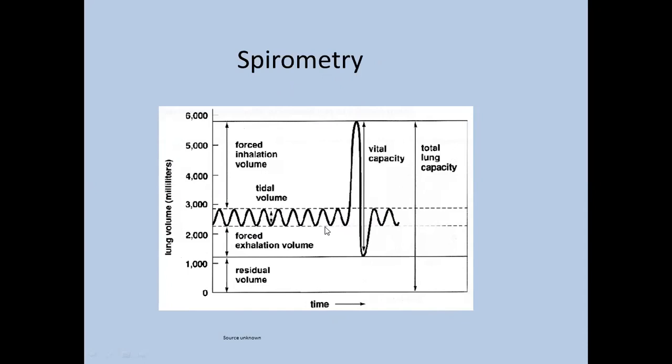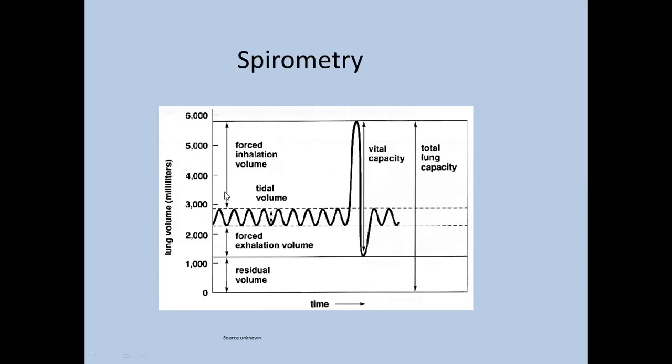Then this individual forced an inhalation. So this is that forced inhalation volume that occurred with forceful breathing, and forced exhalation volume. Now, if I asked you to read that off, it would be the difference between normal tidal volume and the maximum volume inhaled.